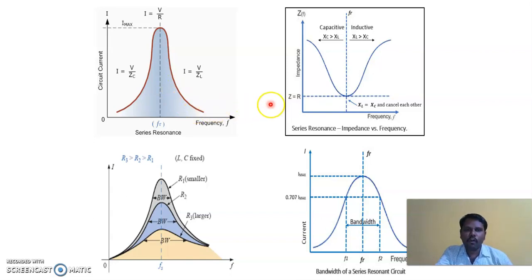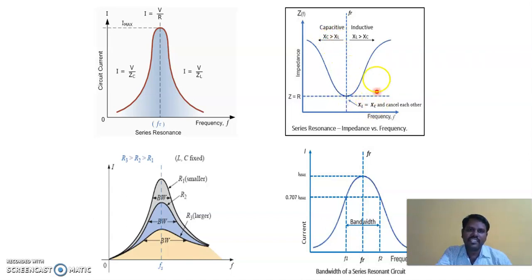Likewise, if you plot a graph of frequency versus impedance, as the frequency increases, the impedance starts decreasing, reaches a minimum and starts increasing. For a frequency less than the resonating frequency, it acts as a capacitive circuit.